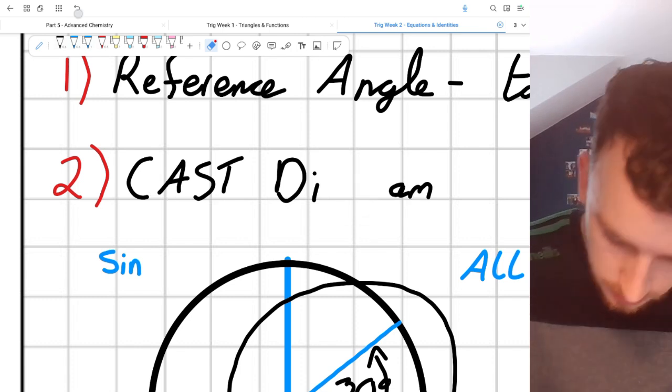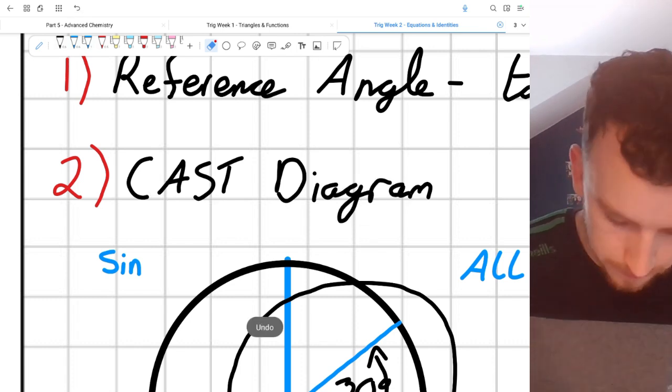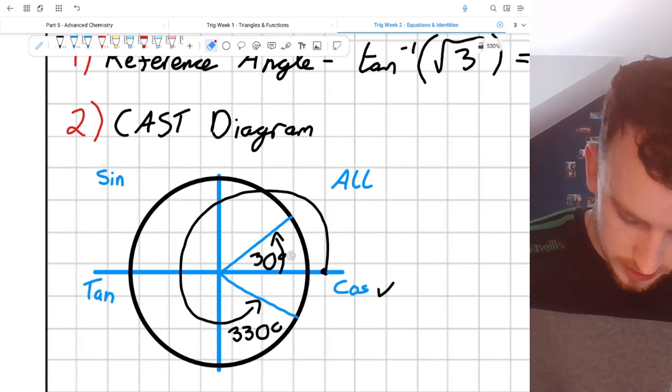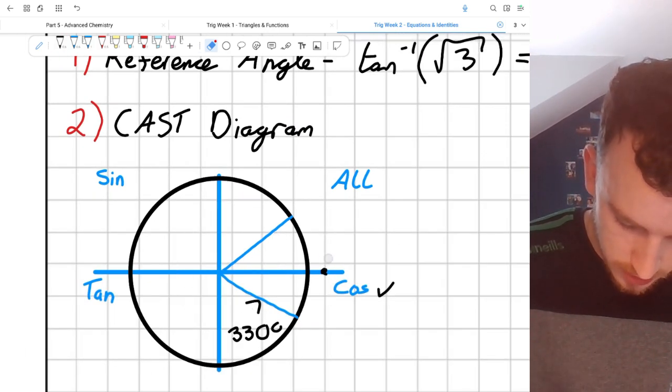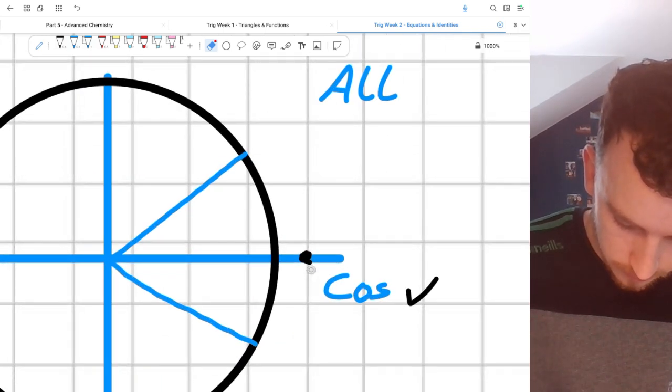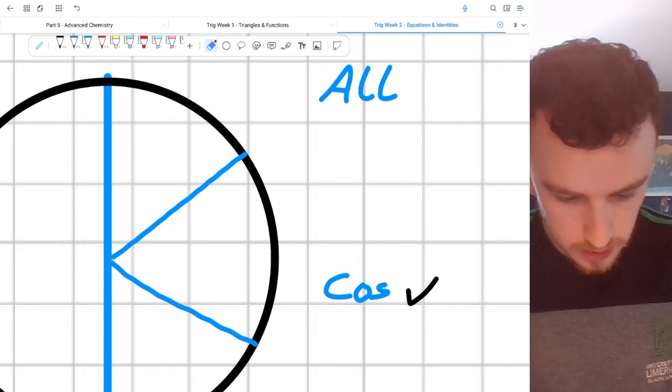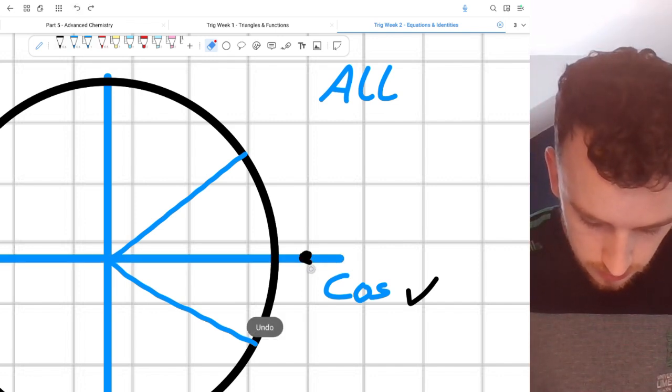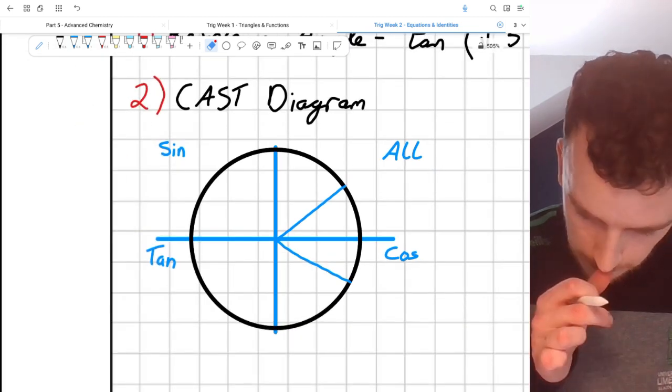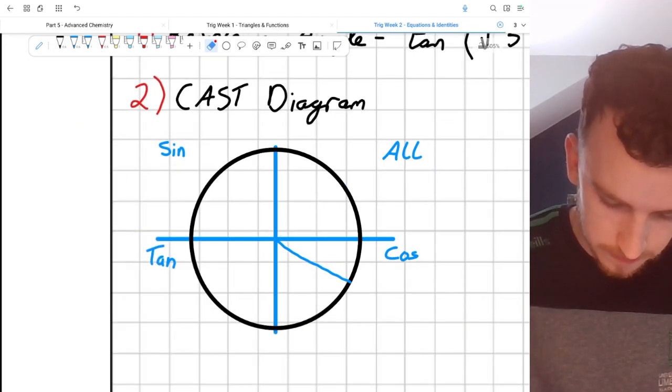There we go. Now, I also do not need these because they are not valid for this question. And then get rid of the ticks. Okay, so on our CAST diagram.